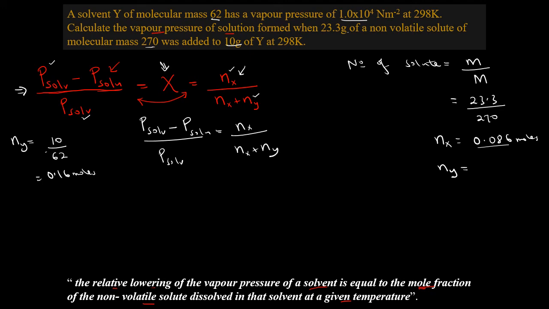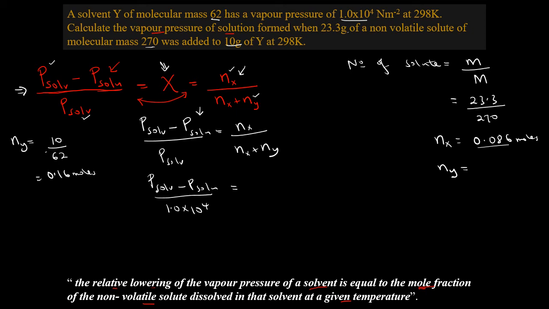So we are going to substitute in that equation and try to solve for the vapor pressure of our solution. We are going to first maintain the vapor pressure of the solvent as P solvent to save space. P solvent minus P solution, divided by our P solvent, which is 1.0 times 10 to the power 4.